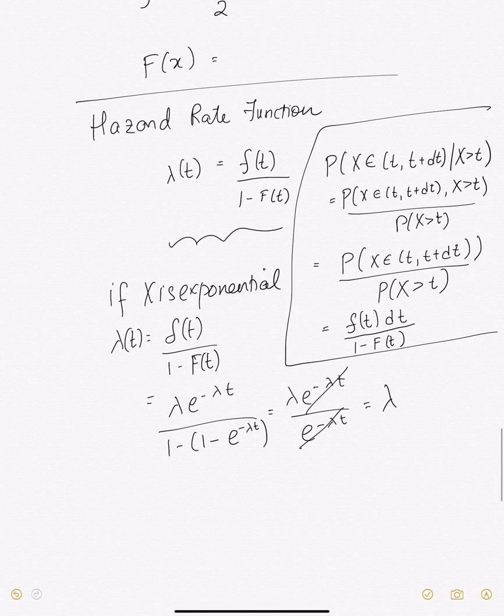You could have instances where lambda of t is not just the constant lambda. Maybe it could be that, and this makes sense because over here for an exponential random variable, you're thinking things like, suppose it has already run 10,000 miles. Well, now what's the probability it'll run an additional 5,000? That's the same as the probability it'll run 5,000 miles starting with a brand new battery.